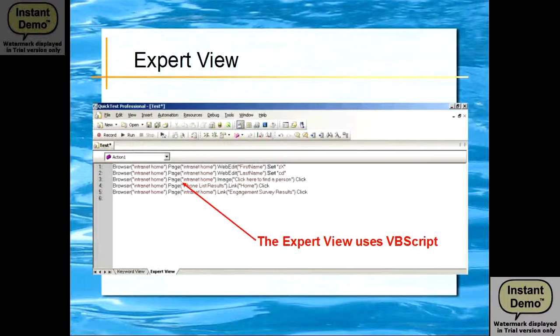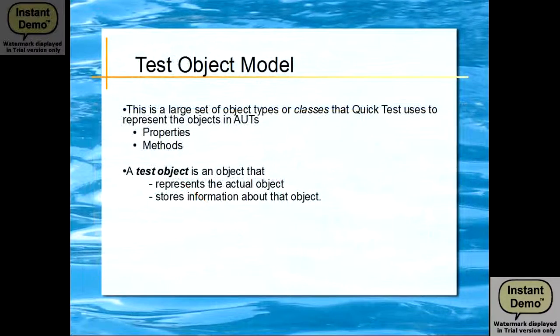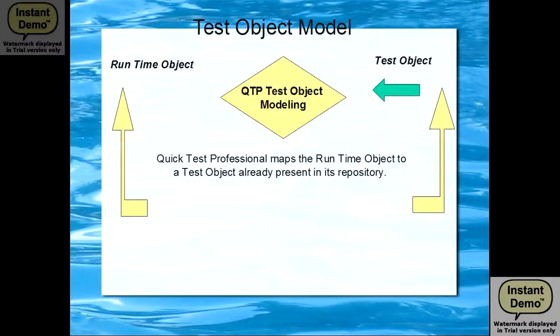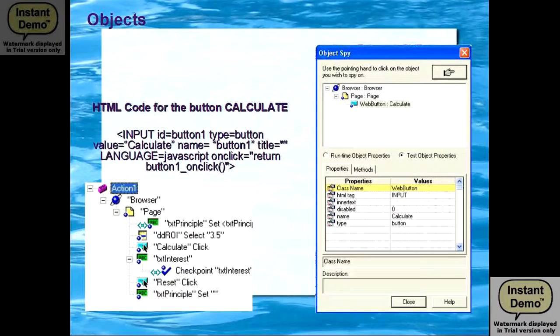The moment you run the script on the actual application under test, QTP will automatically generate the test result file. Let me just go to that screen and show you how it looks.